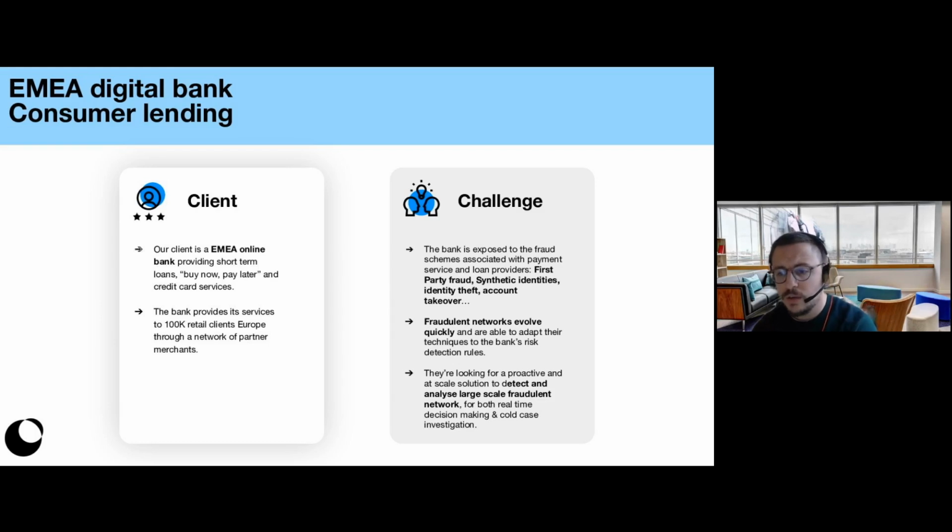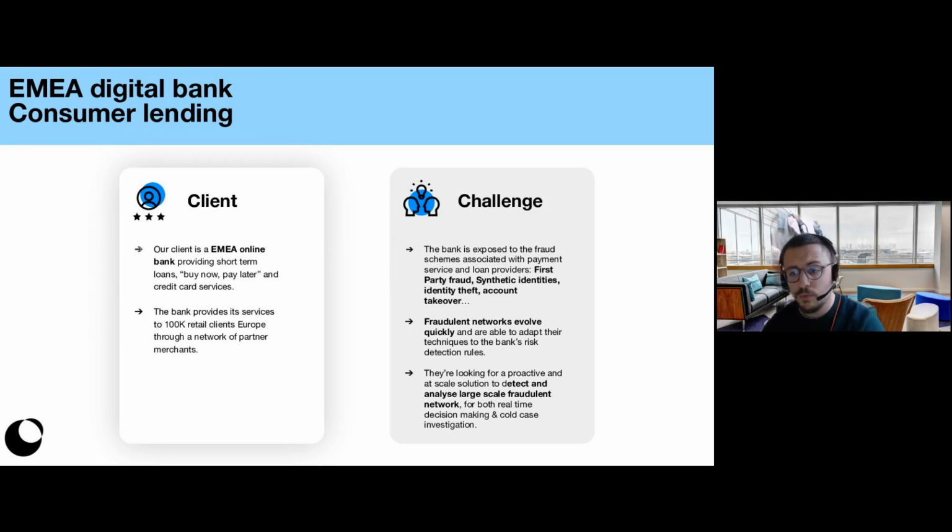The challenge here, like many banks, is that the financial institution is exposed to first-party fraud, synthetic identities, identity theft, and account takeover. Many individuals reuse a set of synthetic identities to obtain short-term loans and, of course, never pay them back.